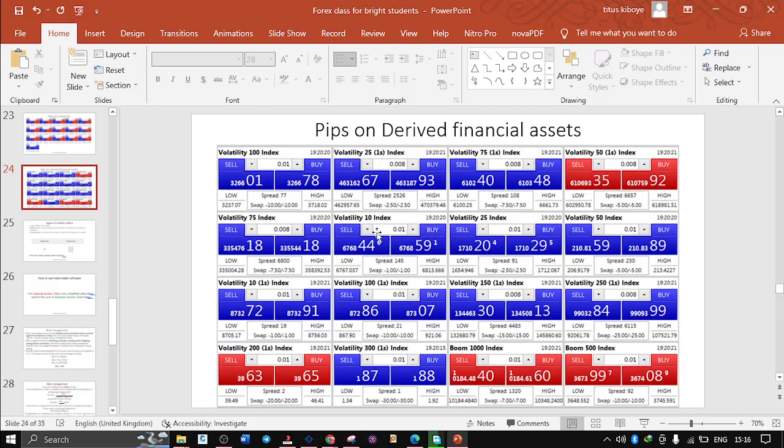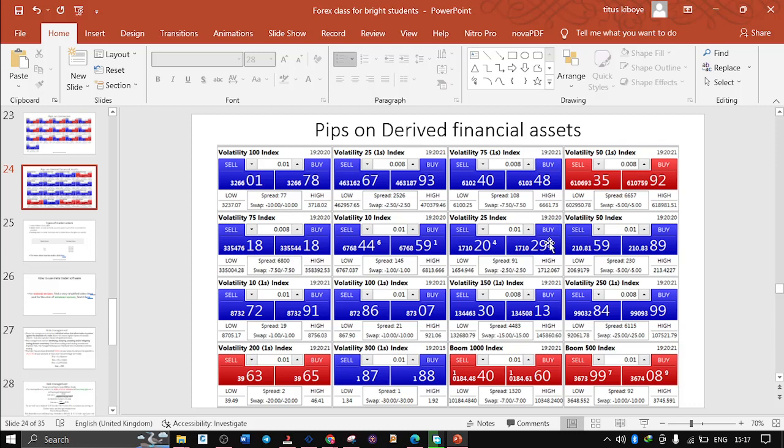Okay. The next one to the left is 25. Can you see volatility 25 index? I can see it.